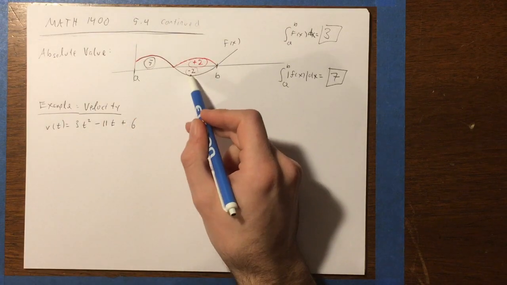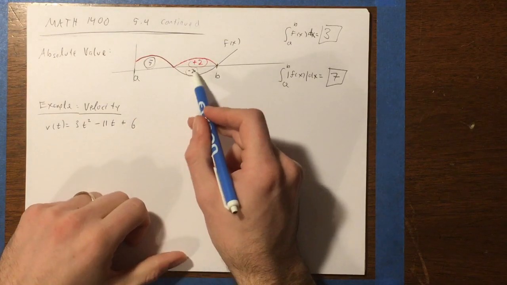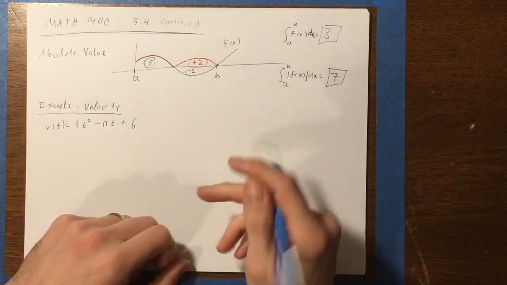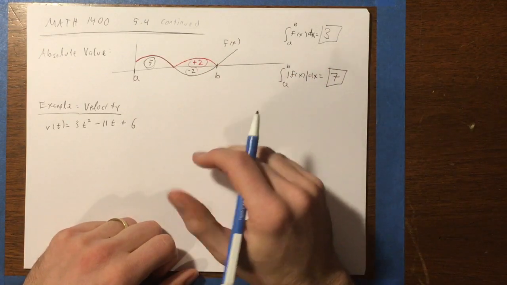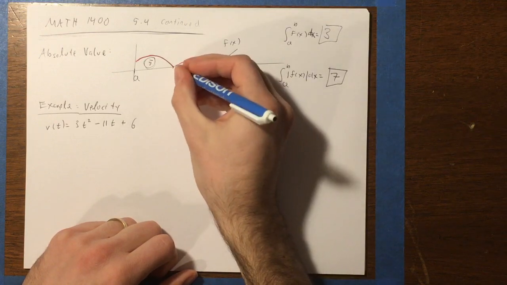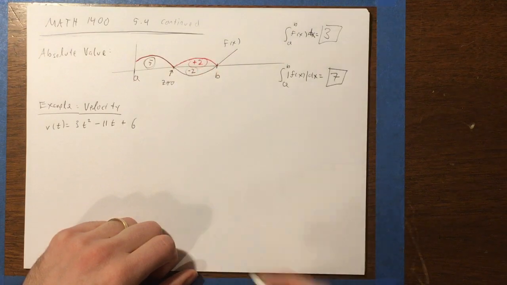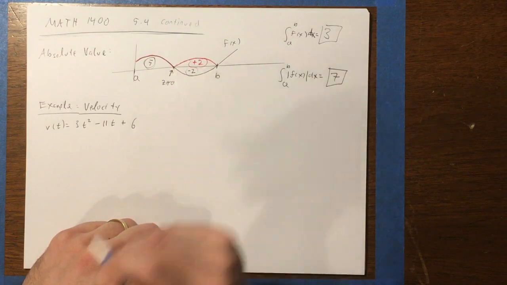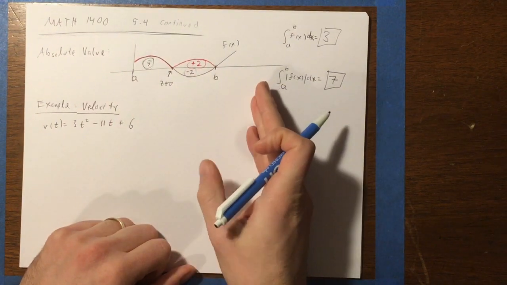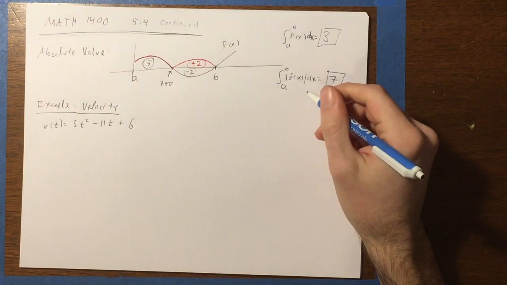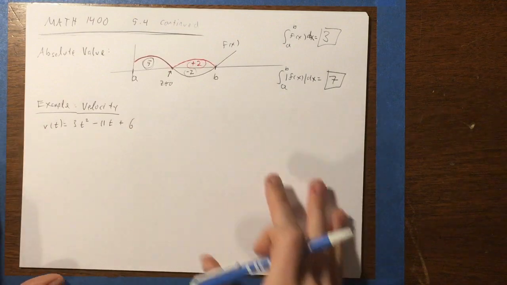So instead of having a negative value that you're adding on, you'd make it a positive value. In general that can be a little bit tricky, because you've got to find the x-intercepts, the zeros, so that you can determine where it drops beneath the x-axis, do a sign chart, and then split up your integral into separate integrals. I'll go over an example of how to do that with this velocity function.